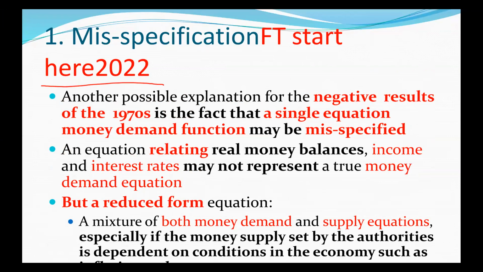Another possible explanation for the negative results of the 1970s is that a single equation money demand function may be misspecified.